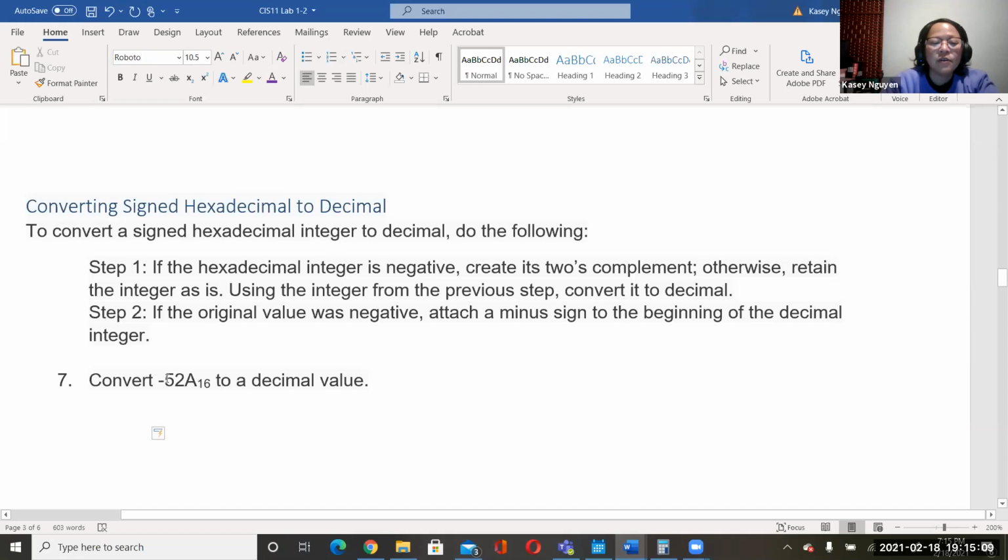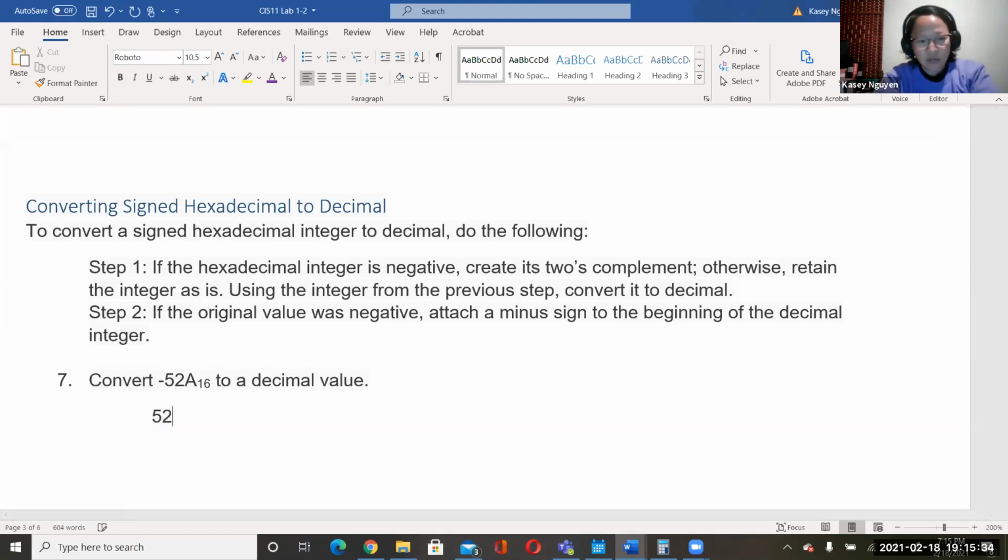Okay, so we would have to look at it this way, and how do we go back to finding the 2's complement? We would take each of the digits, subtract it from 15, and then do a +1 with it. Once you have that, then we would change it to a decimal value.